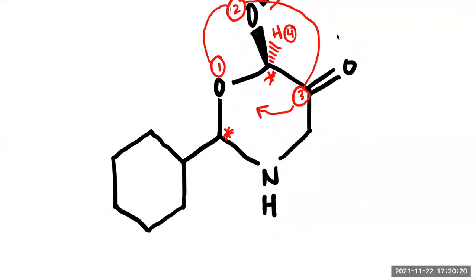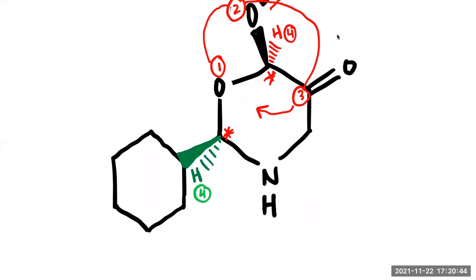So let's say this is wedged. Okay, that means that we'll have our hydrogen dashed. Okay. Now we know our hydrogen is going to be fourth priority.